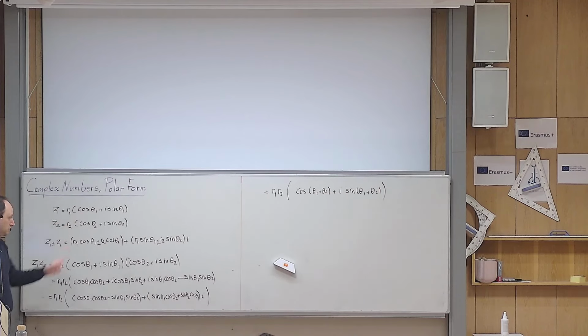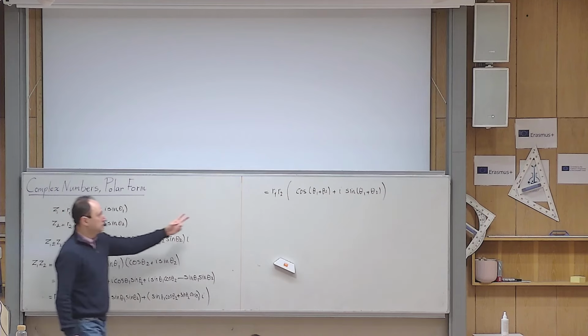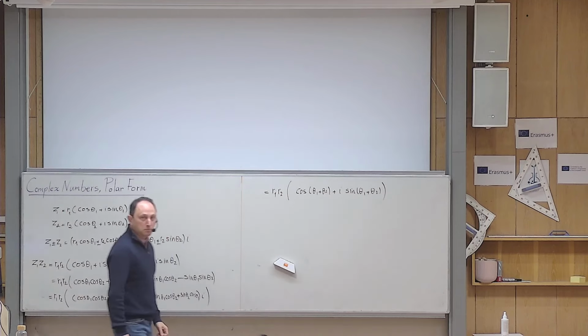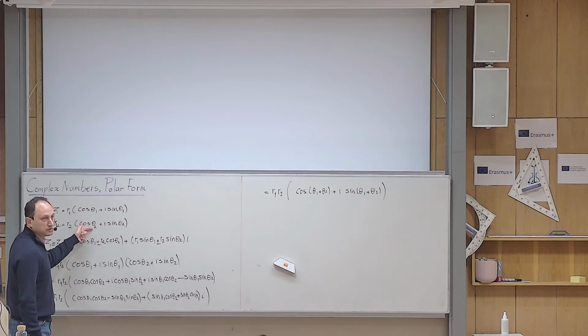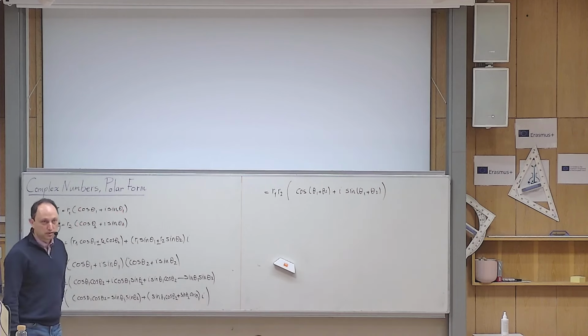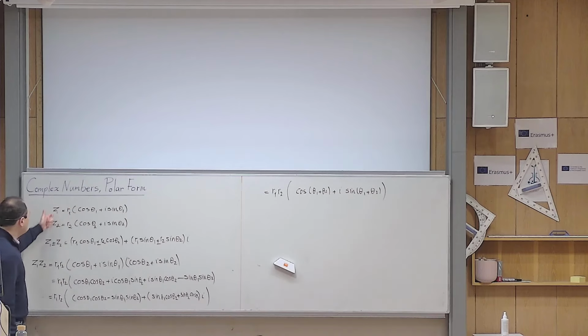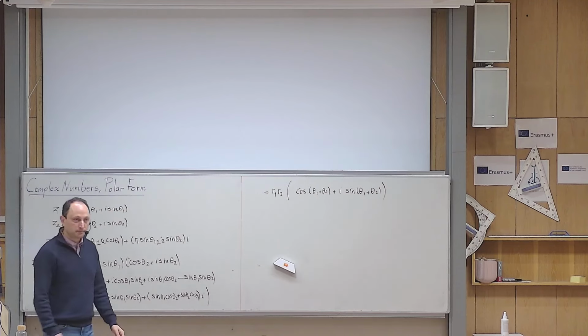This formula is telling you, if you have two complex numbers in the polar form and you multiply them, the rule is this: simply multiply absolute values and put it here, but add the angles and put them in front of sine and cosine. So it means that if I have two complex numbers in the polar form and I multiply them, do you agree this is still in the polar form?